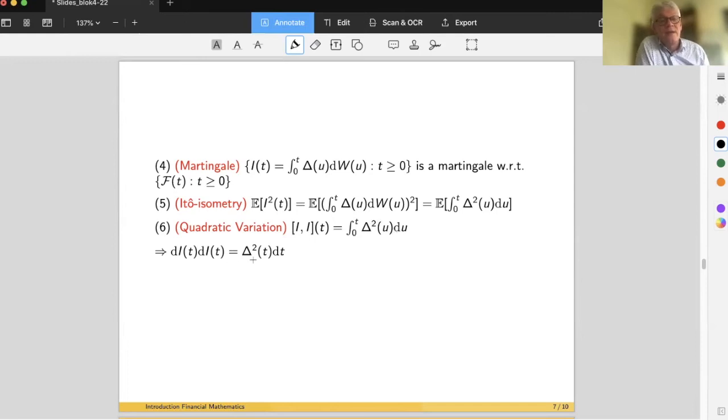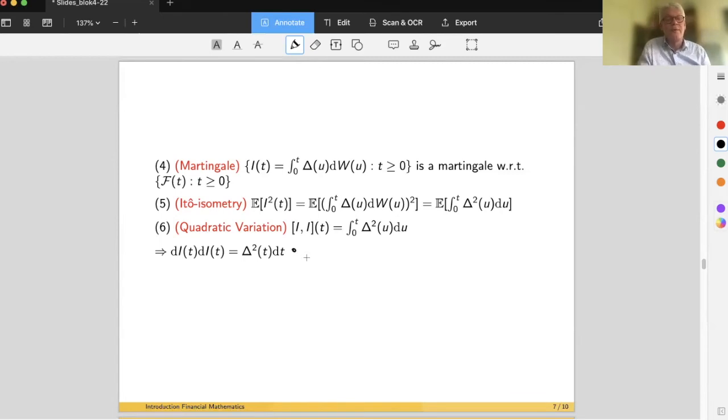And the differential notation, in fact, is d[I]_t equals Delta squared dt. Again, this follows from Ito isometry, and it extends from the simple processes to the general adapted process.